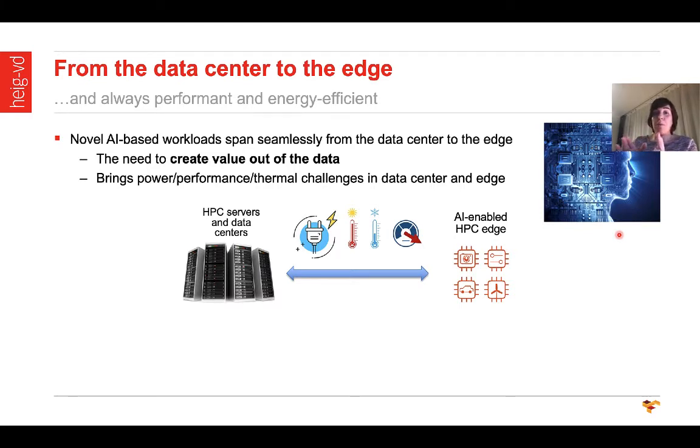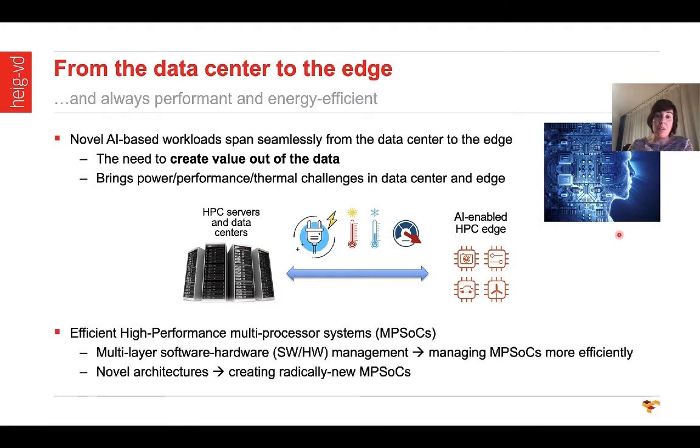Which brings up a new challenge, which is we need to have efficient multiprocessor system on chips, and these efficient MPSOCs need to be on the data center, need to be on the edge, and we need to tackle power, performance, and thermal challenges.